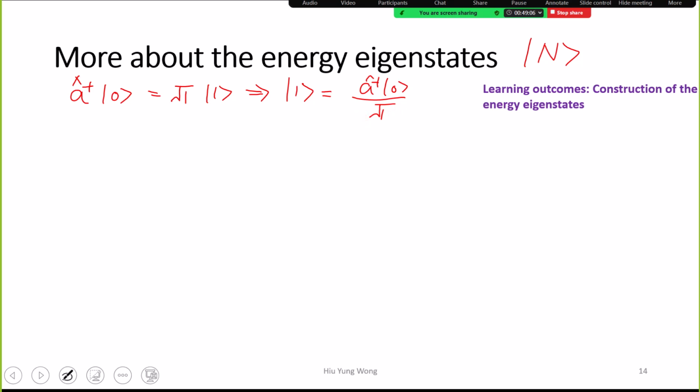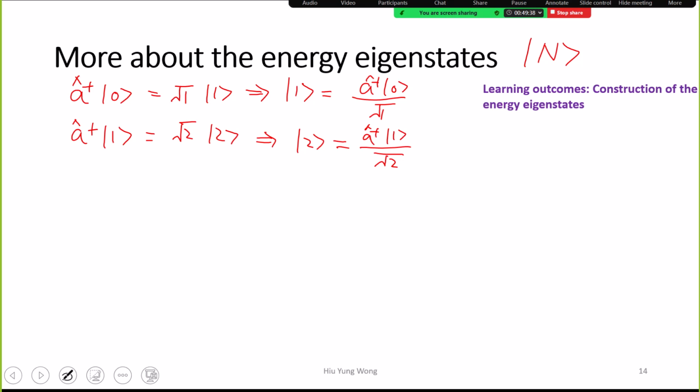Then let me continue. How about A dagger 1? What is this? Creation operator applied to a system with 1 quantum of energy. I create 1 more, becomes 2, right? And then the prefactor is square root 2. So then it means what? State 2 equals A dagger hat applied to 1 divided by square root 2.